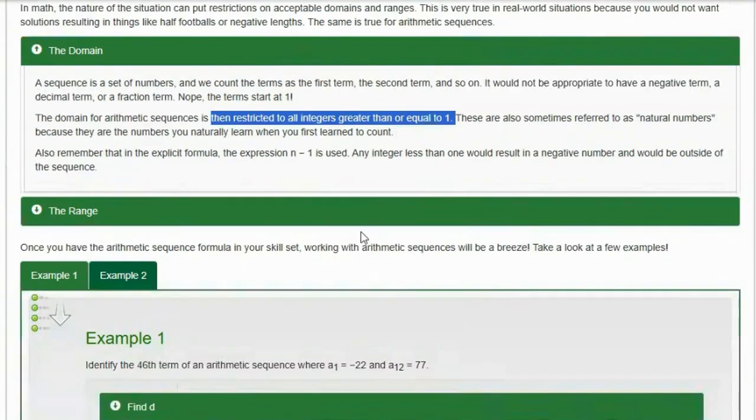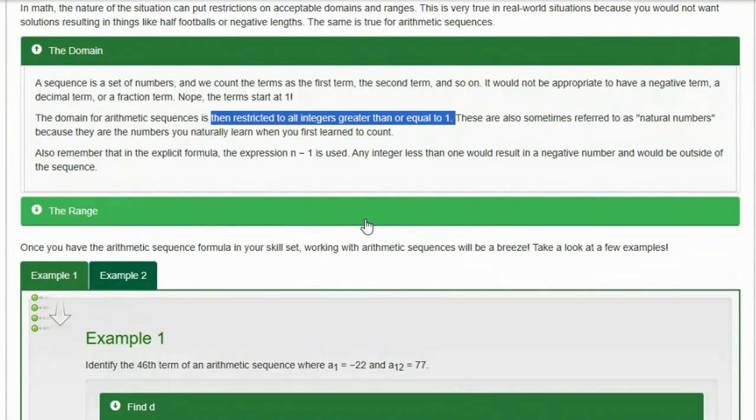The range, now the range we saw on those sequences at the beginning of the class, the range could be anything. Depends on each sequence, right? The range could be a decimal, because we had 1.25, we had 4.75. It could be negative numbers. We had negative 147, negative 297. It can be positive numbers, negative numbers.